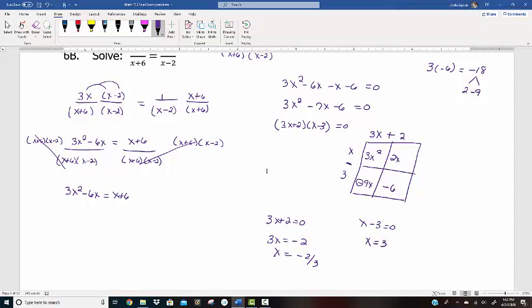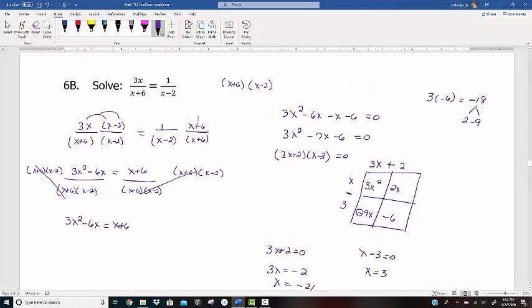Now, we need to check that none of these answers makes a denominator equal zero. Looking up here at the original problem, if I had a 2, then it would give me division by 0. If I had a negative 6, it would give me division by 0.